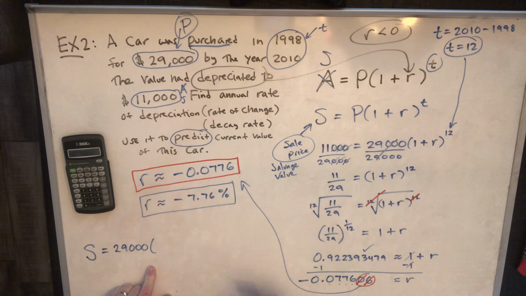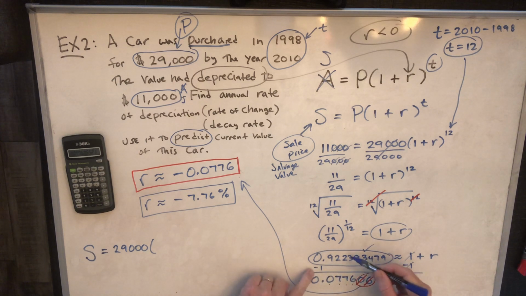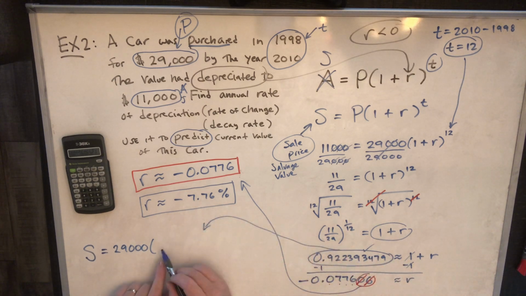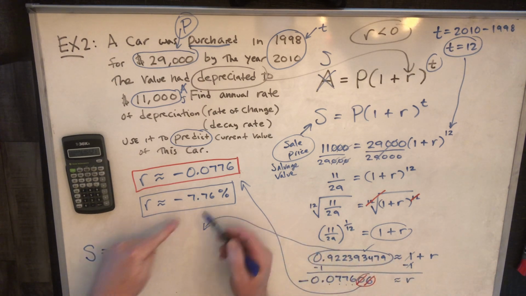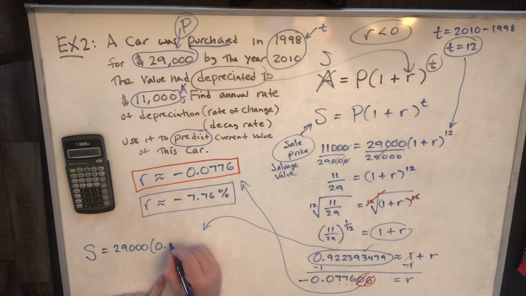1 plus R. Well, remember, 1 plus R is right here. I already have 1 plus R. You can calculate it again by doing 1 plus R, but you already have it. It's going to be 0.922393479.